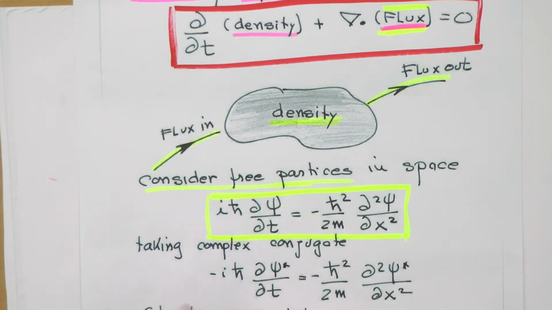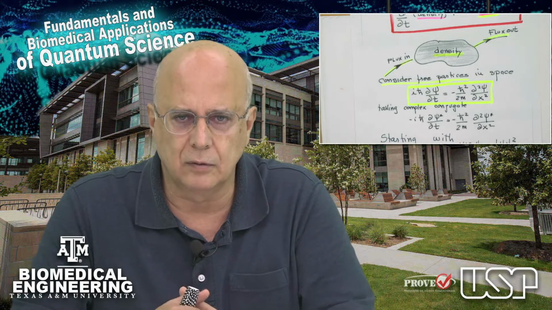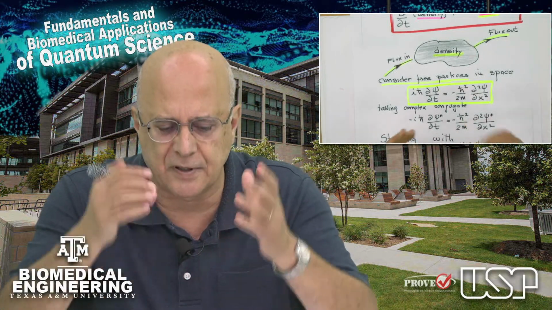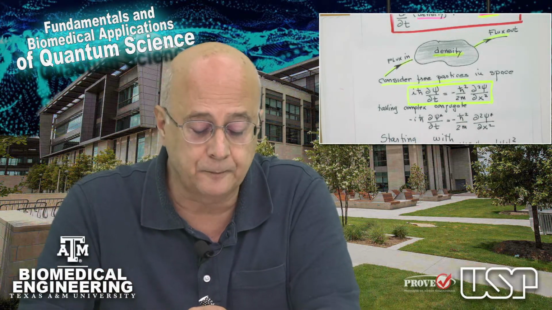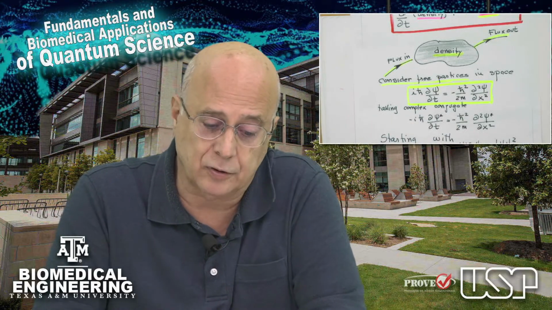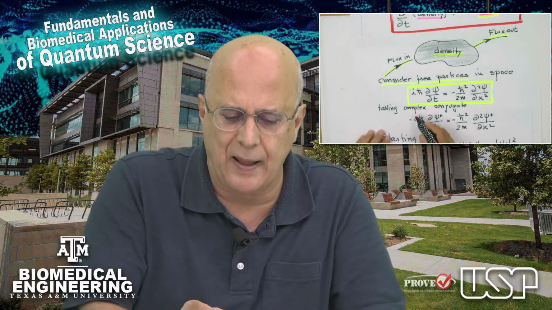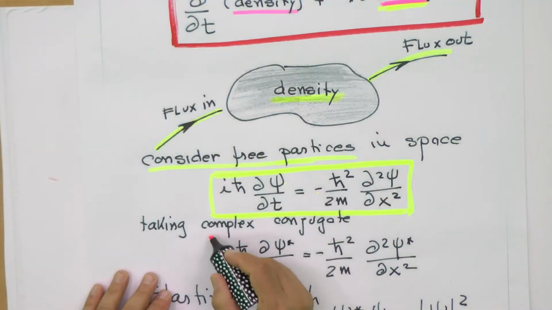And of course, this is a wave. Most of the time it's a complex amplitude, because oscillatory stuff is represented by complex numbers. And we have the i in here, which is also complex. Now I'm going to take the complex conjugate of this equation.